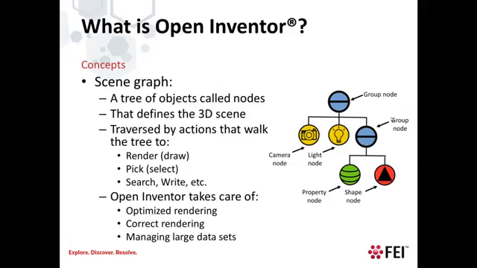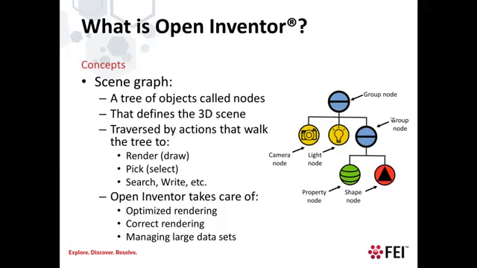We build a tree of these objects called the scene graph that describes what the 3D scene should look like. We call these objects nodes. You can see an example of a simple scene graph here, and some examples of the kinds of nodes we'll use to build the scene graph. In summary, your application will be responsible for defining the appearance and the meaning of the 3D objects in the scene.